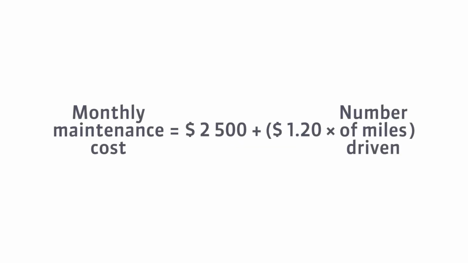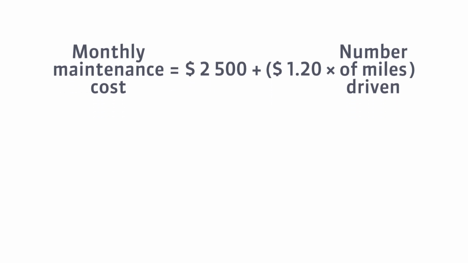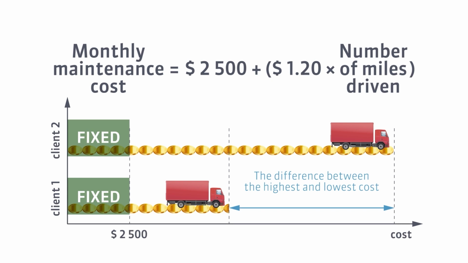Now we can compose a formula for monthly costs in our company. It will look like this. Maintenance costs are therefore $2.5 thousand per month of fixed costs plus $1.2 per mile of a variable cost. This formula is also valuable in forecasting likely future maintenance costs.